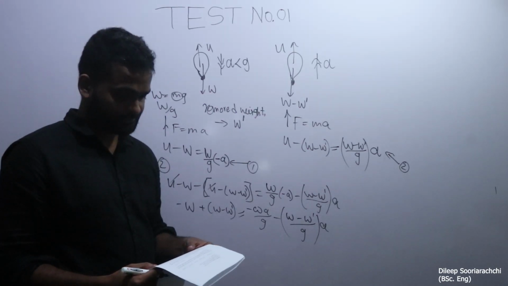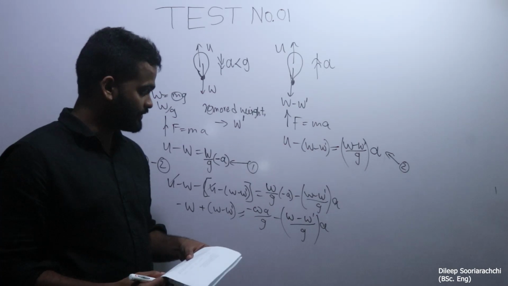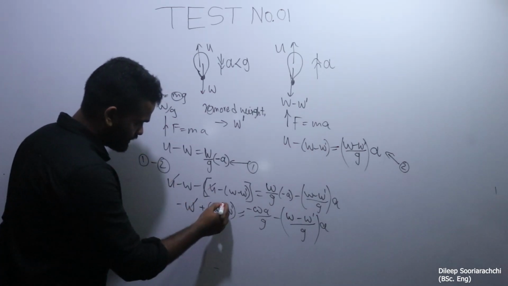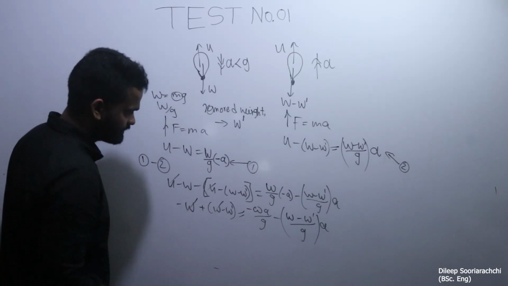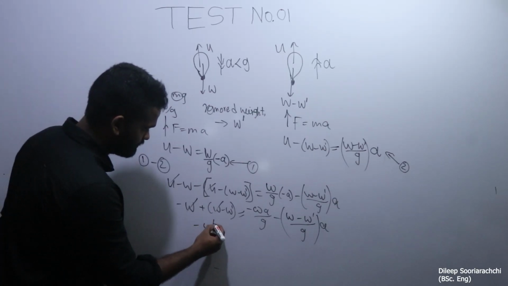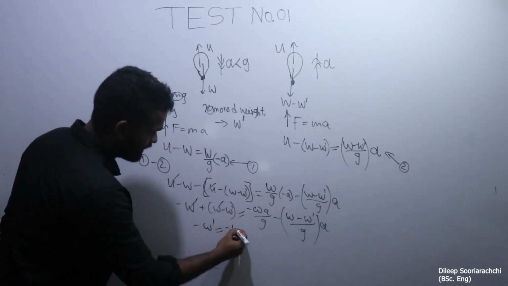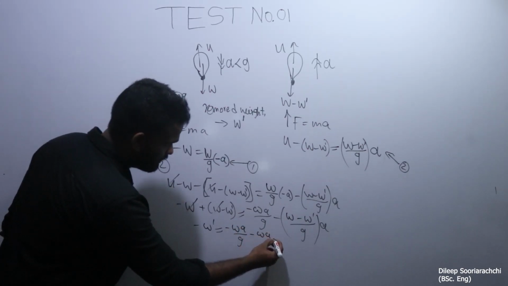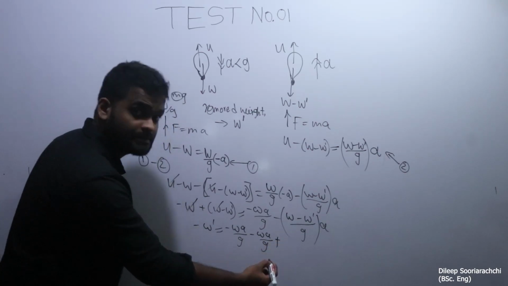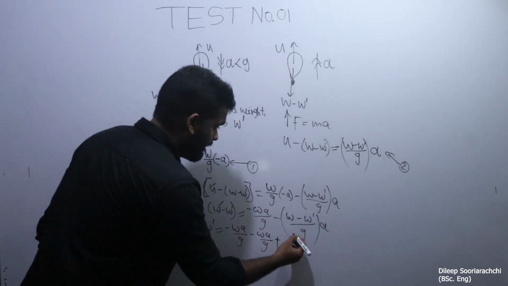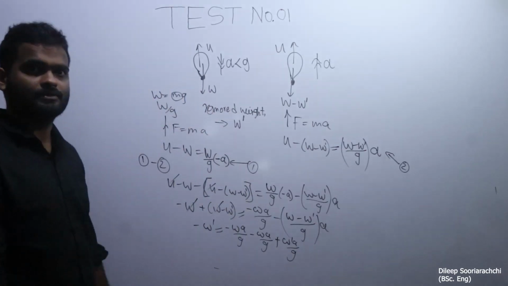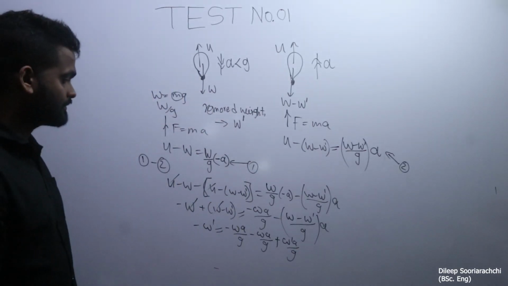So the answer for this one, let's see, this one and this one cancel out, minus plus. Then you have here minus W dash equals minus W a over g minus W a over g plus W dash a over g. So this is what you would have there.